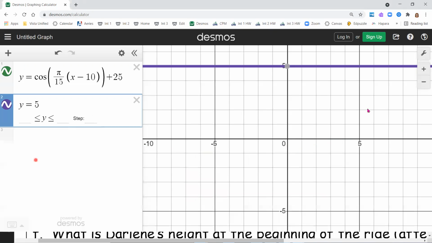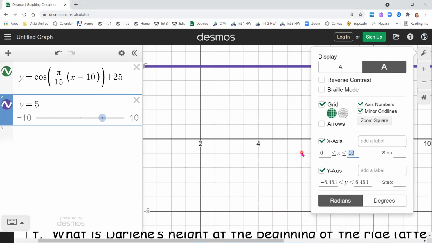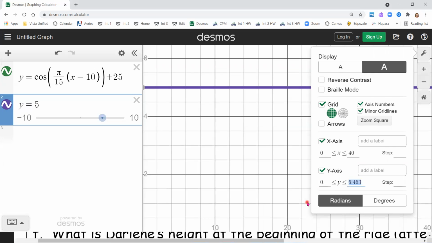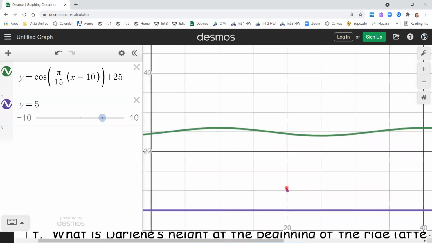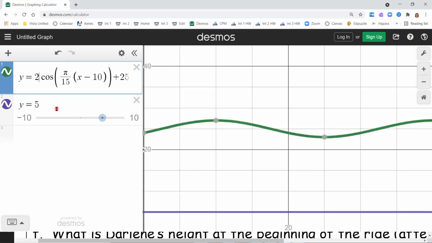Now, what I would recommend doing is going to the wrench and changing this x-axis to what I had on the other one, which is, let's say 0 to, I'll go to 40 here, okay? And then on my y, from 0 to 45 was as high as I went. And oh, I forgot my 20. There you go. There's my 20.